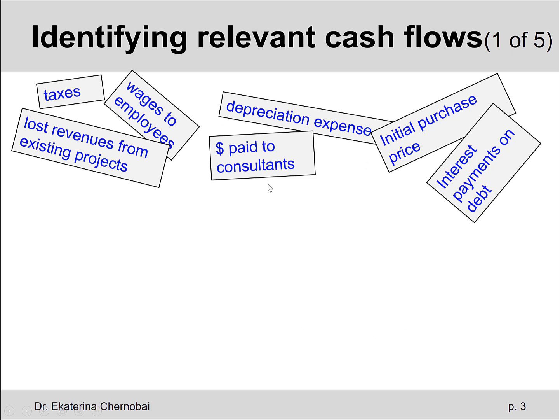So here I have a few examples. Taxes, lost revenues from existing projects, wages to employees, depreciation expense, money paid to consultants, initial purchase price, interest payments on debt. So these are not the only type of cash flows we will be working with. This is just an example, like a small set of all the information for a project.